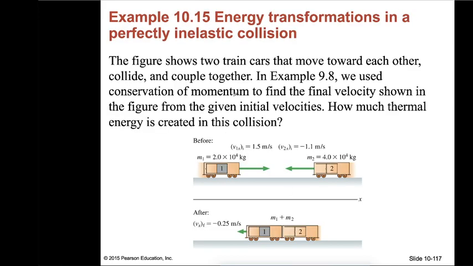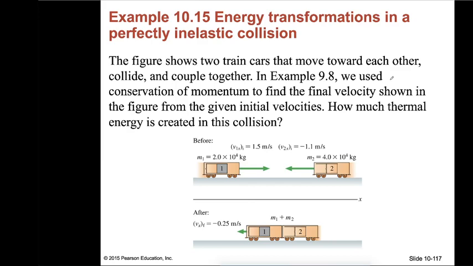Now, let's see one example here to explain what happens in the inelastic collision. This figure shows two train cars that move toward each other, collide, and couple together. In this example, we use conservation of momentum to find the final velocity shown in the figure from the given initial velocities.